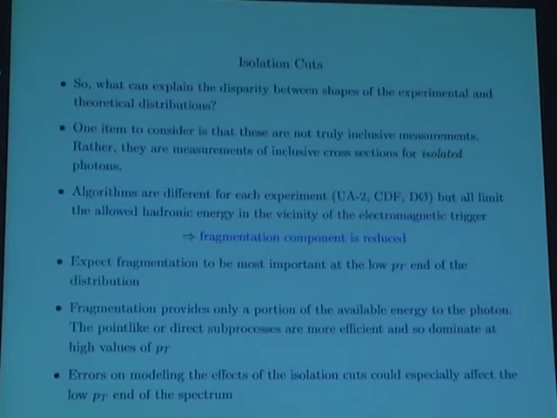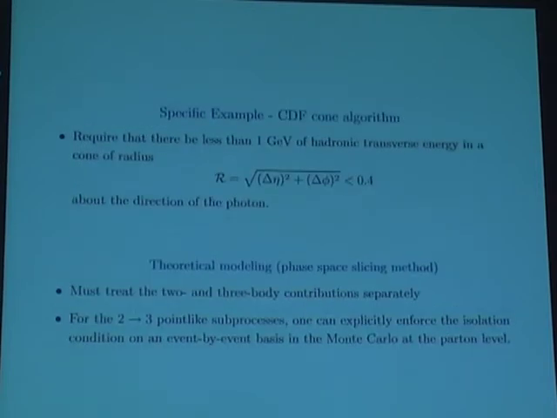They put specific kinds of isolation cuts on them. And, well, that's going to reduce, or cut out, events that have hadrons accompanying the photons nearby. So it's going to reduce the fragmentation component, which is larger at the lower PT than high PT. So you say, gee, if you're making an error on the isolation cuts, then maybe that's what the problem is.